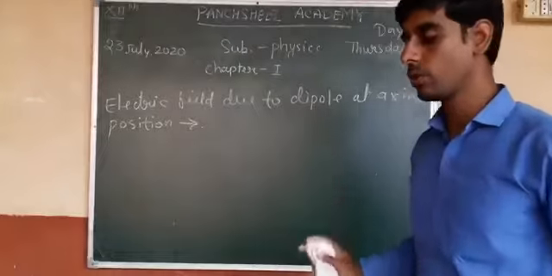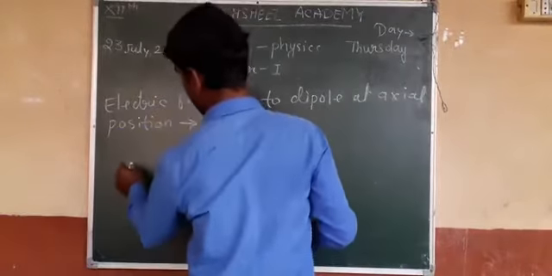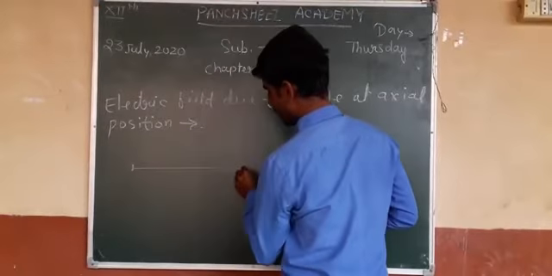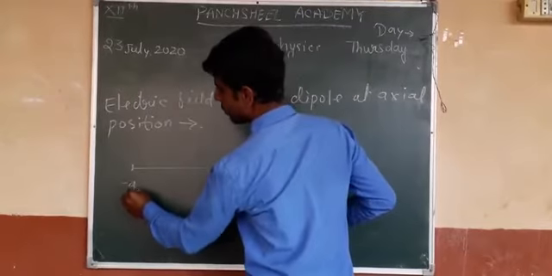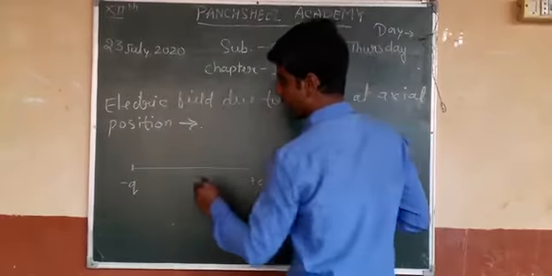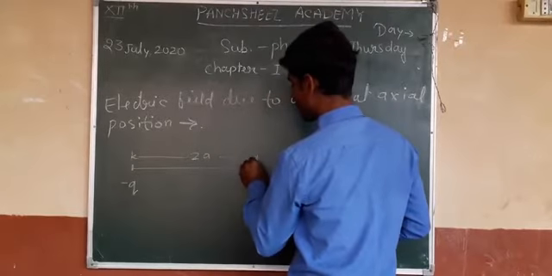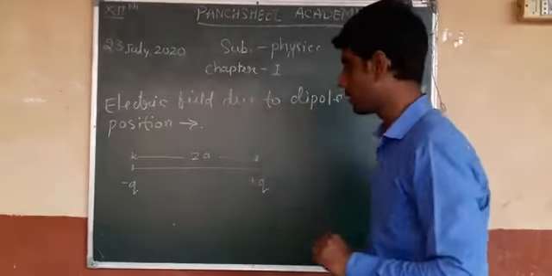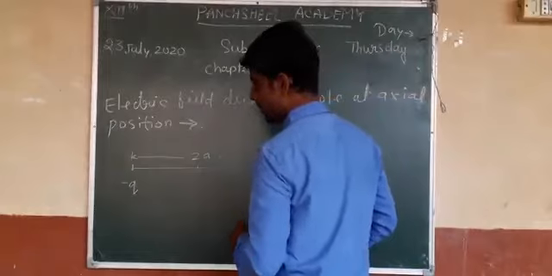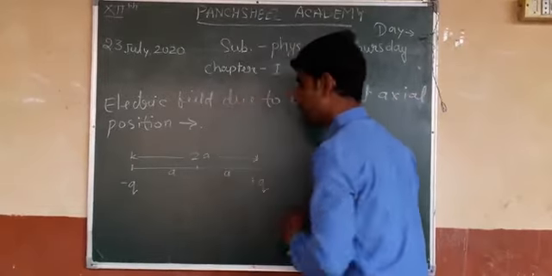Okay, so make an electric dipole. This is the minus q and this is the plus q charge, and the separation between these two charges is 2a. Suppose this is the midpoint, and this distance is a and this is also a.